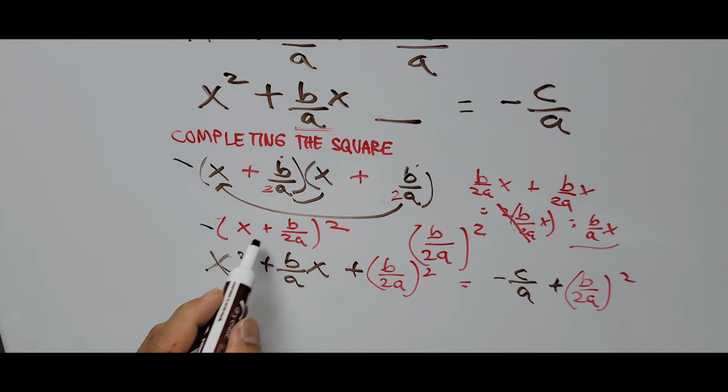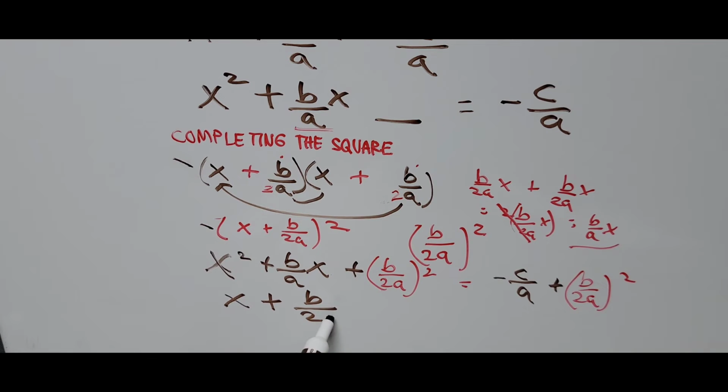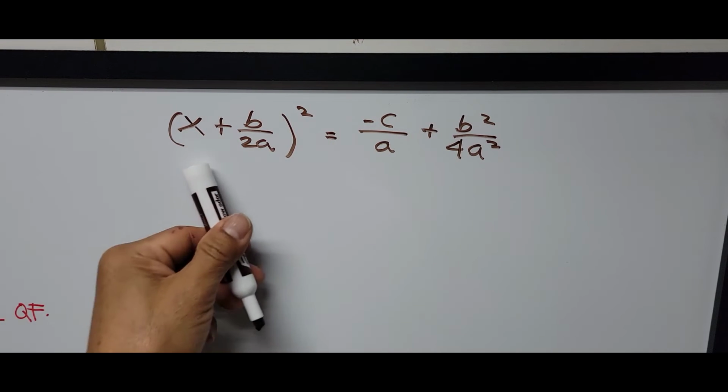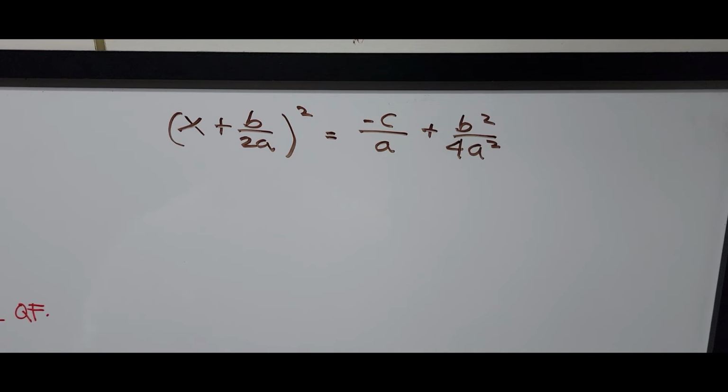So this is equivalent to x plus b over 2a squared equals minus c over a plus b squared over, so b squared divided by 2 times 2 squared is 4, a squared. I have rewritten this equation again, and now we simplify.